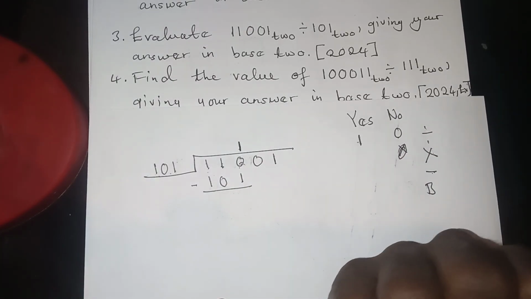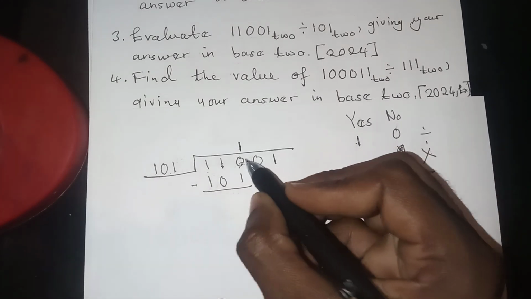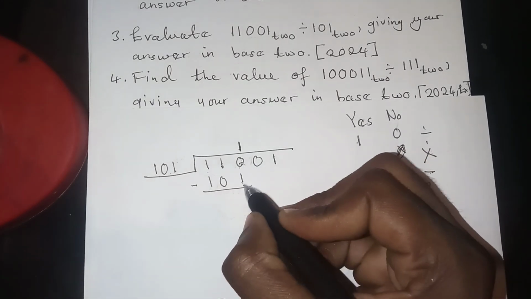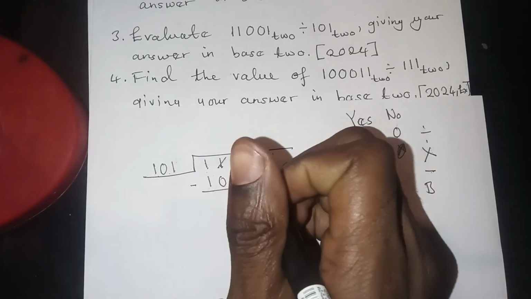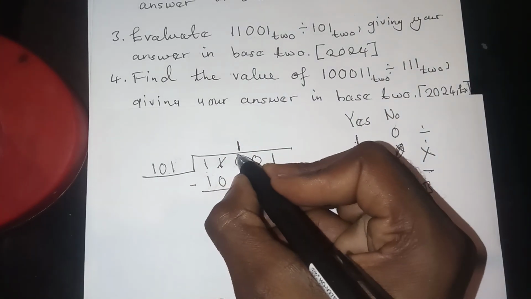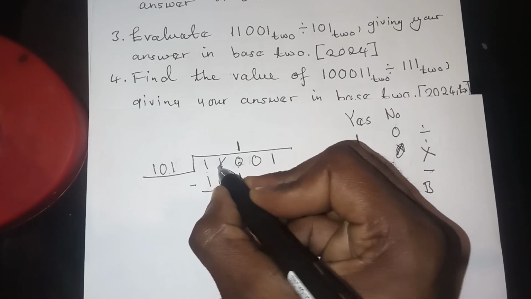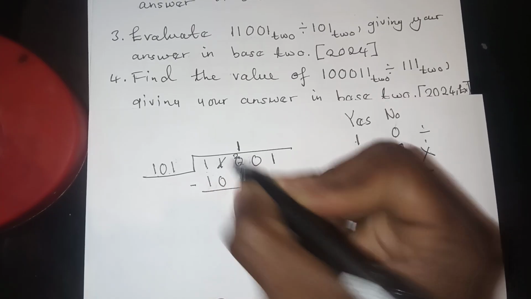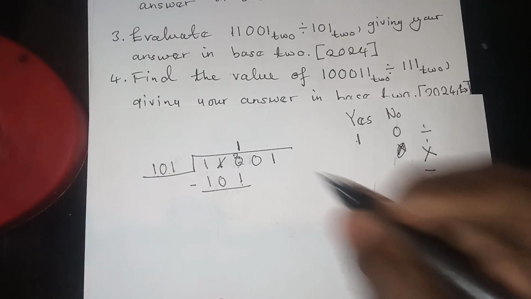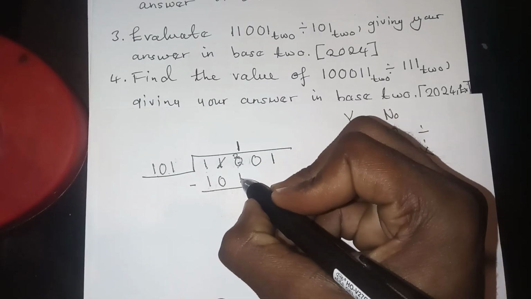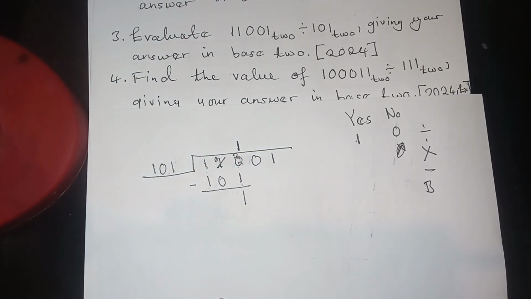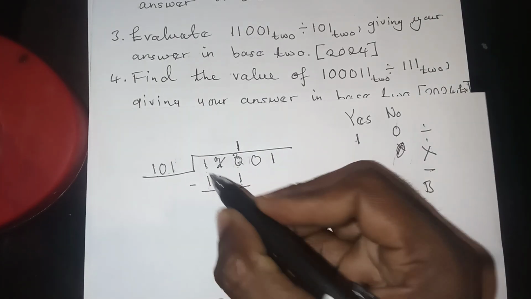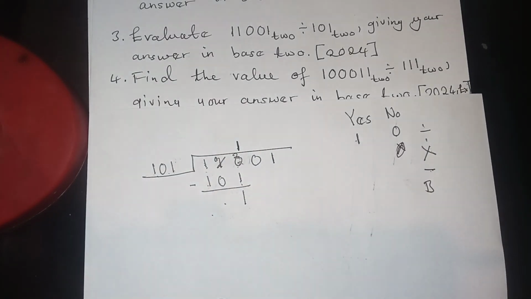And because we're in base 2, because subtraction is not possible, we can borrow a 1 from here. And then because we're in base 2, the one we have borrowed from here will be a 2 there. Yeah, so now 2 minus 1 is 1, and then we have remained with a 0 there. 0 minus 0 is 0, 1 minus 1 is 0.